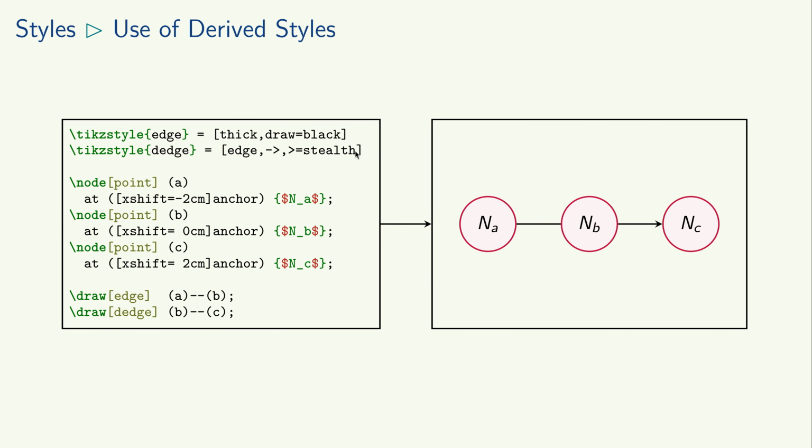Here I have 3 points, and it doesn't really matter where they're placed. We have 3 nodes, A, B, and C. I create an edge from A to B. Edge, that's this one up here, that's not directed, no direction here. Then we have a directed edge from B to C, and we have the arrowhead.